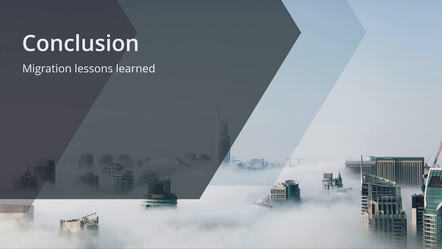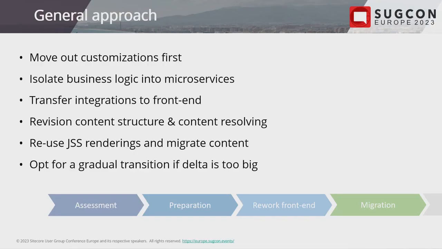So what have we learned about migrating or changing our solution when migrating to XM Cloud? Well, the general approach is that you first move out your customizations and isolate your business logic into microservices and then transfer them to the front end.